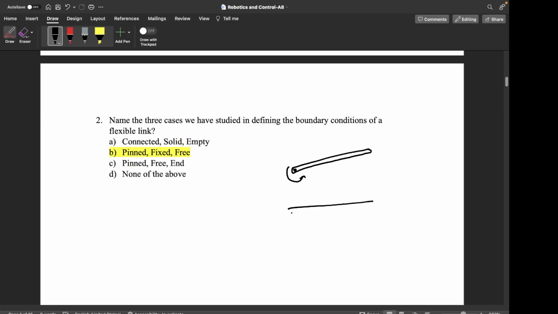And fixed is when you don't have any motion at this end, right? This is fixed. So basically you can write this is pinned and this is free. So this is pinned-free. Now this would be fixed and free, right? So another case would be free, this would be free. It could be like fixed.